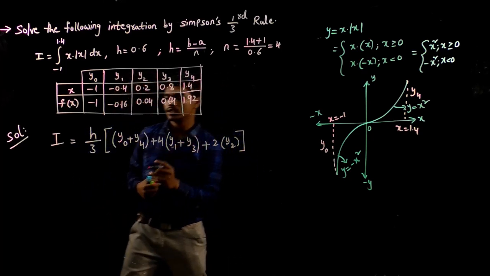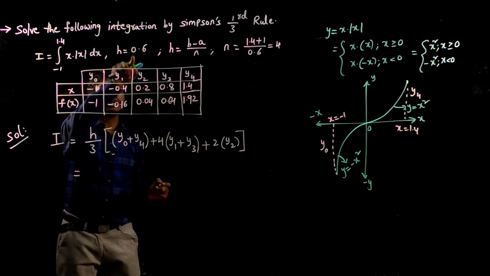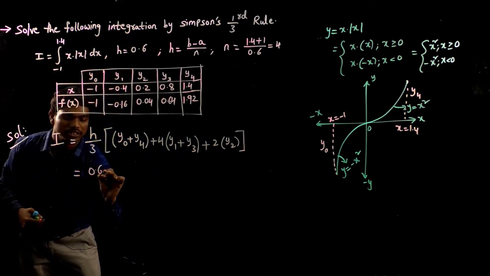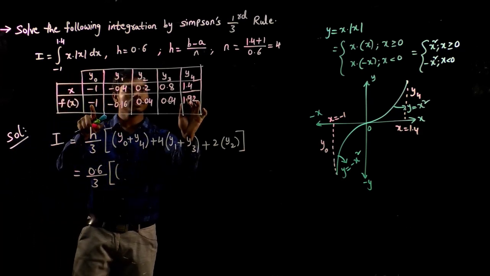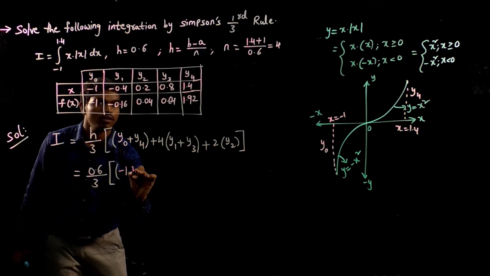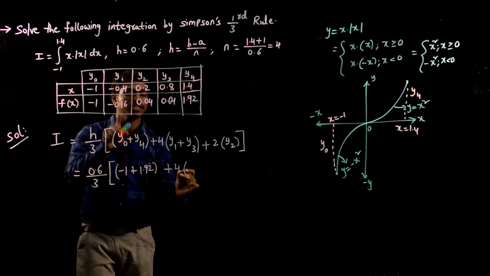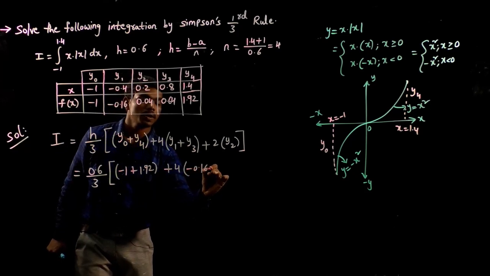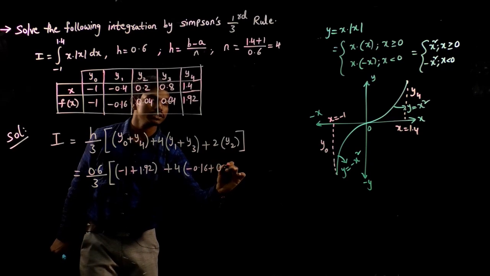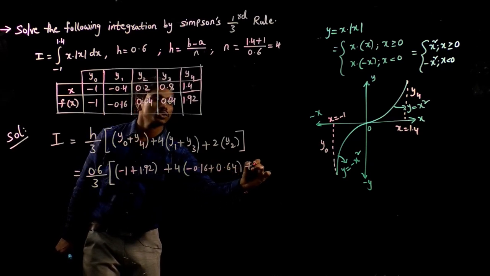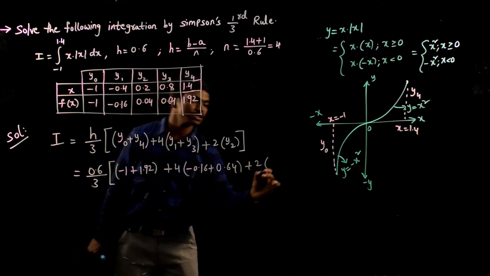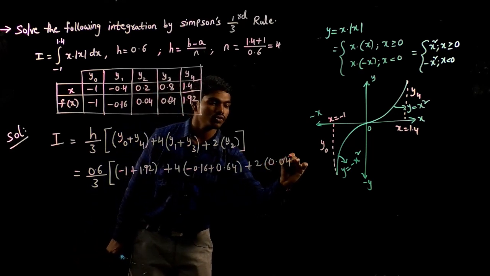So if you substitute these values now, what's the value of h that we obtained? It's 0.6. So 0.6 by 3 into y0 plus yn, which is minus 1 plus 1.92, plus 4 times y1 plus y3, which is minus 0.16 plus 0.64, plus 2 times y2, which is 0.04.